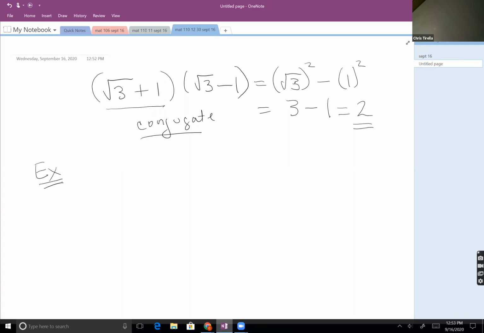So if I go back to that first example that we decided we couldn't do the way we were doing the others, where I have 1 over radical 3 plus 1.